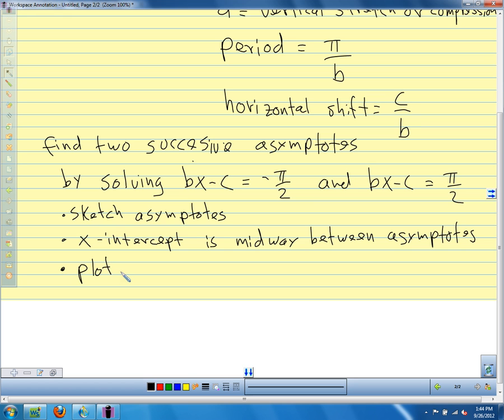And these two additional points are going to be special points. We're going to pick our additional points halfway between the asymptote and the x-intercept.